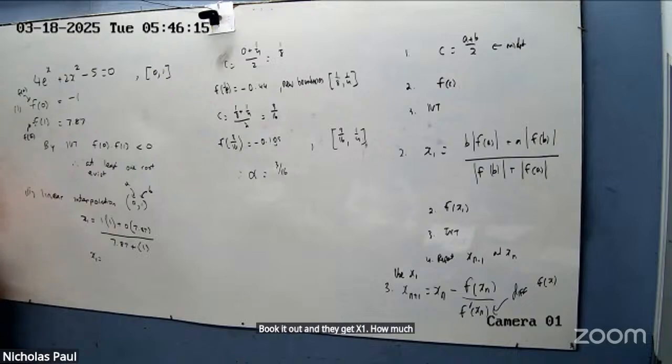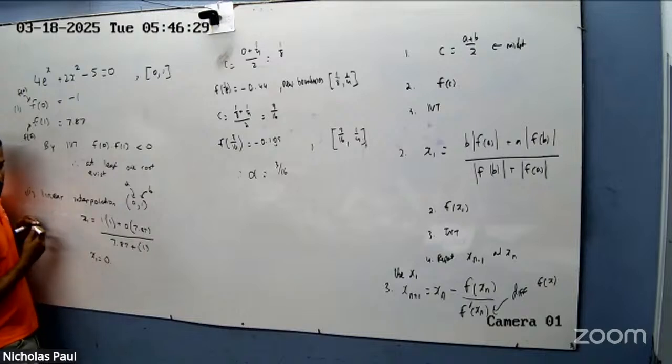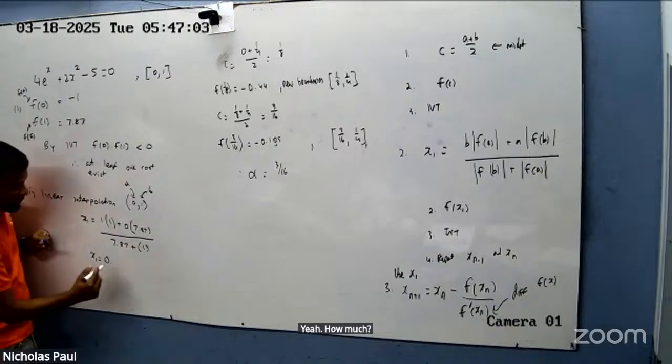How much is that? That's 1 over 8 point something, close to 1/8. How much is that? 0.113.